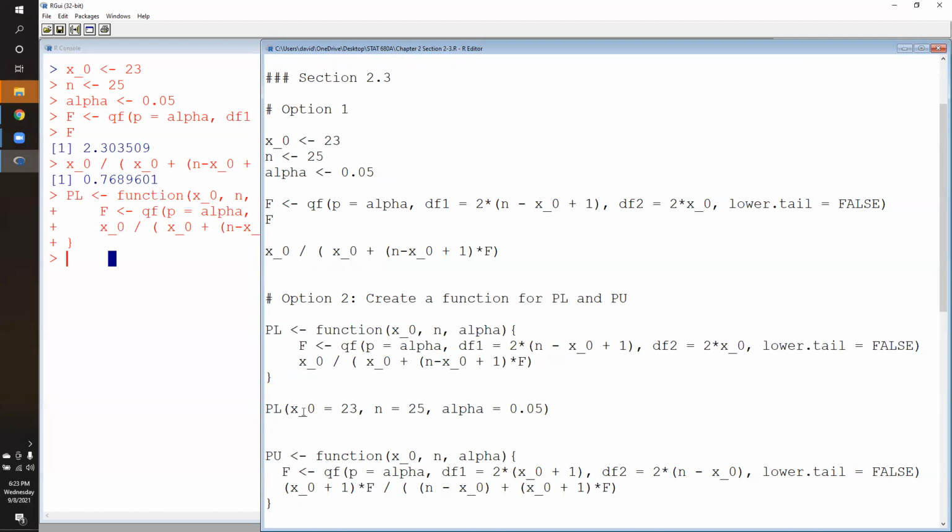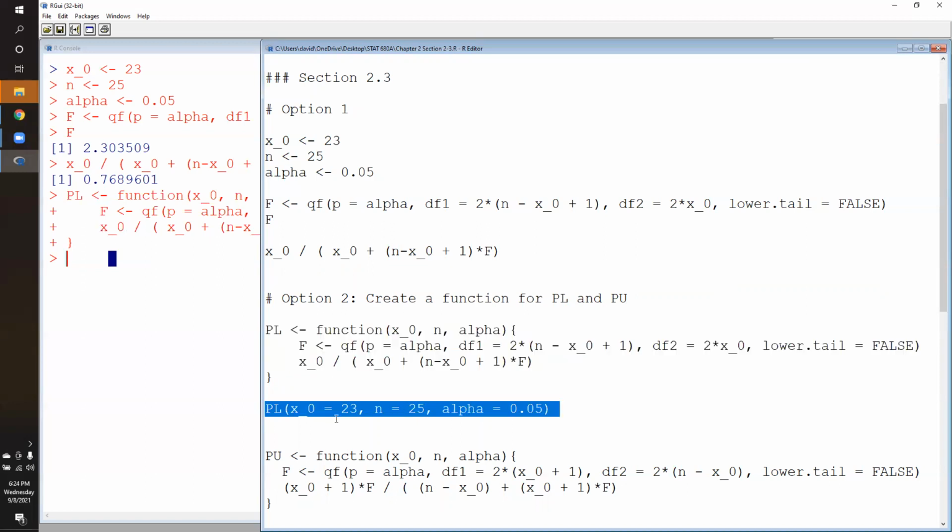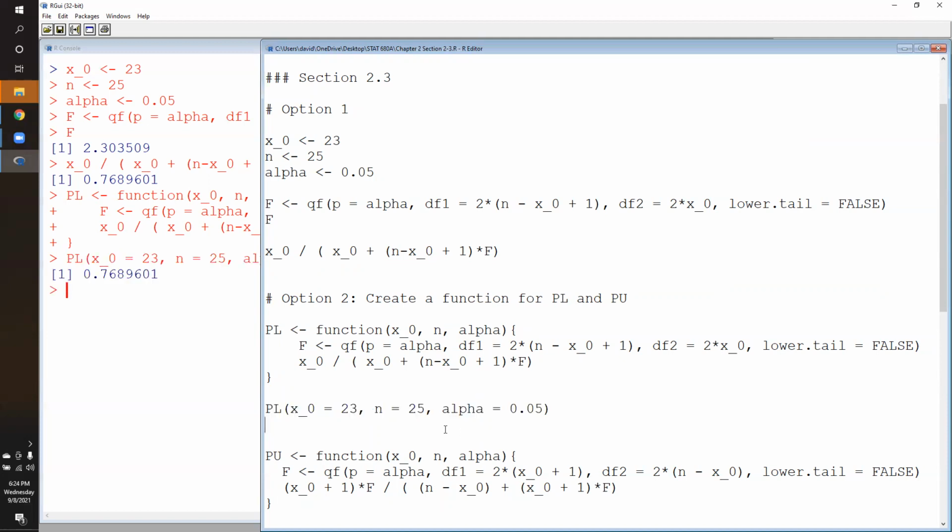All right, but here now I can just say, okay, calculate PL, which I just defined, for x0 being 23, n is 25, and alpha being 0.05. So once I've put this function in, I can change any of these values of x0, n, and alpha, and it'll calculate the lower bound very quickly, quicker than I could ever do with a calculator.